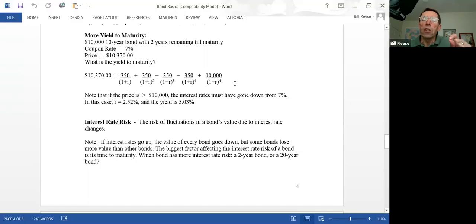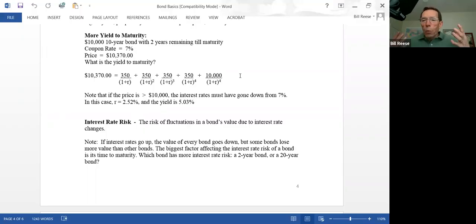So each of these payments are being discounted back at the yield, which we need to solve for, where the exponent is going to be the number of semi-annual periods it is until we get that particular cash flow. So notice we've got 1 plus r to the fourth for both that last $350 and for the $10,000 because they both come into us at the same time.